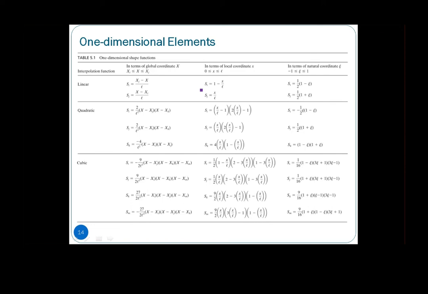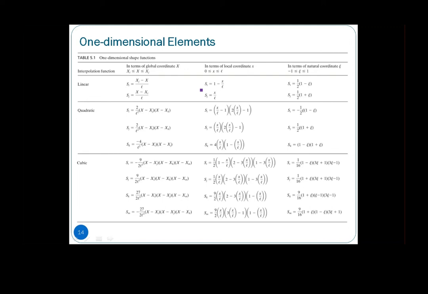In terms of shape functions, linear has Si, Sj, which are 2, because of two nodes. Quadratic has 3, Si, Sj, and Sk. Cubic has 4, Si, Sj, Sk, and Sm.